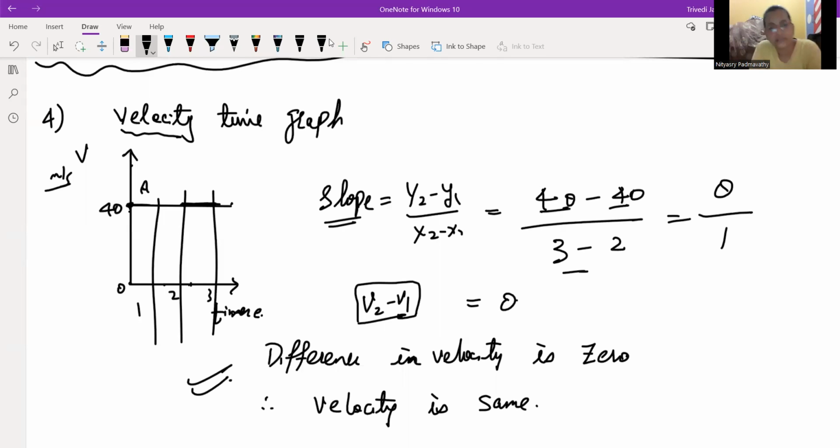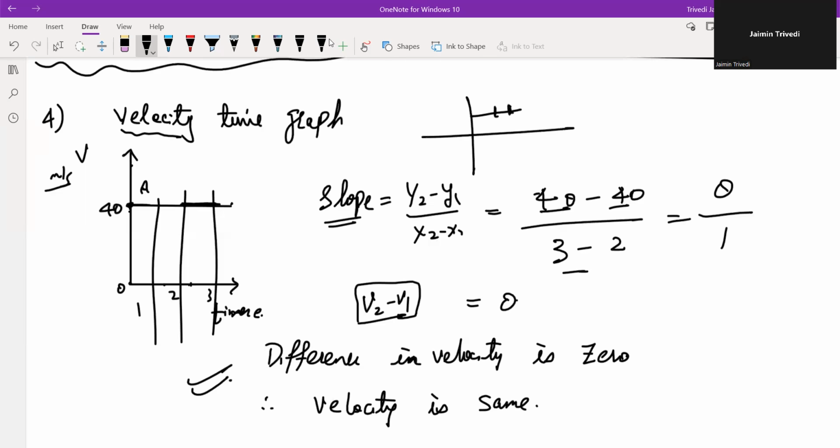On the y-axis 40 is there, no? Sir, 40 minus 40, I didn't understand. Okay, what are these 2 points?